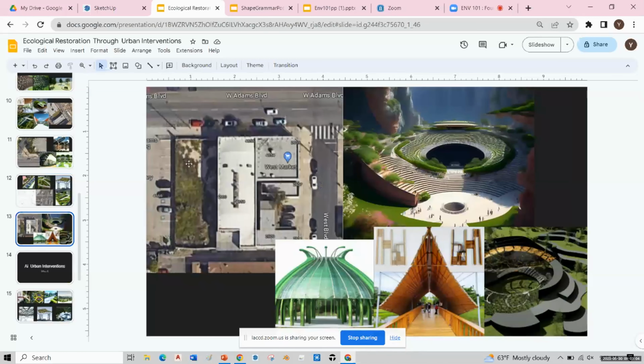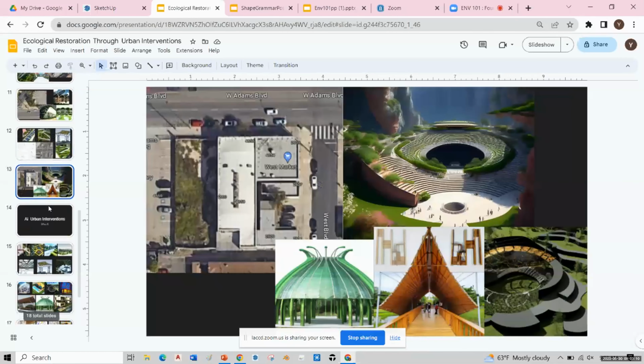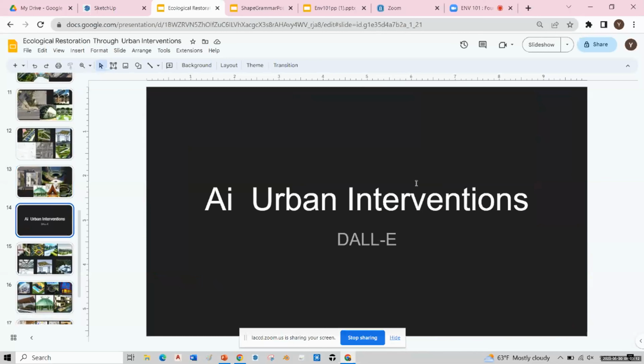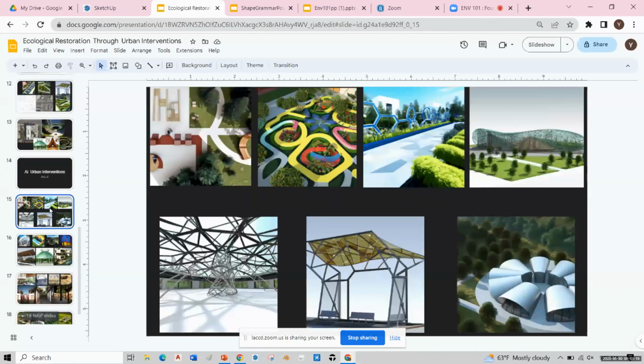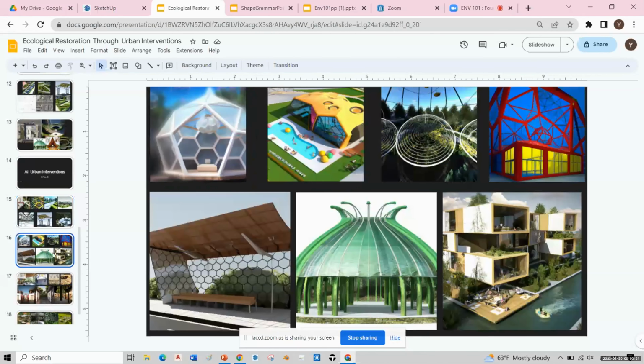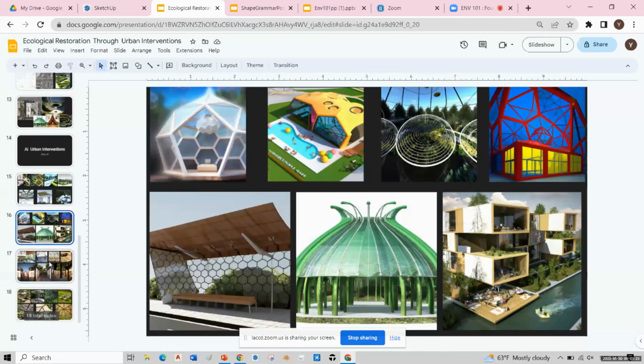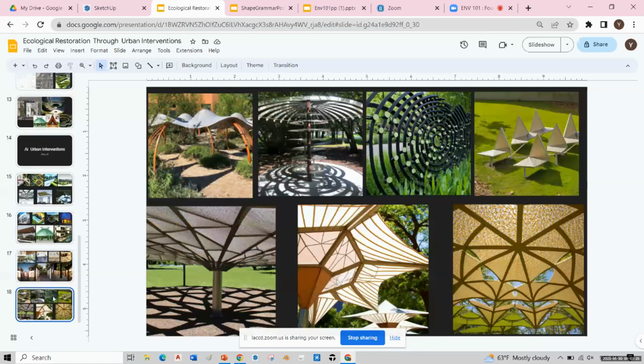This is another location where you can create an amphitheater or pavilion. These are the urban interventions I created using AI. And thank you.